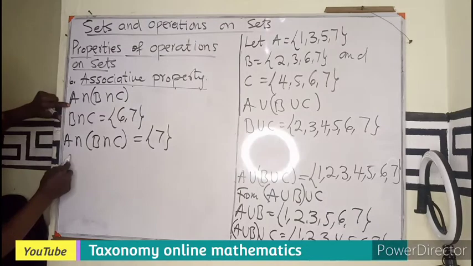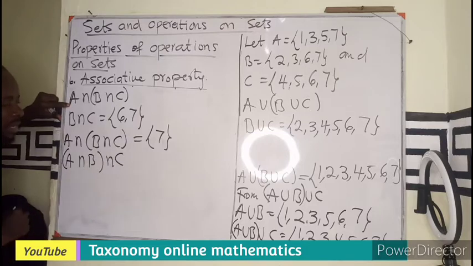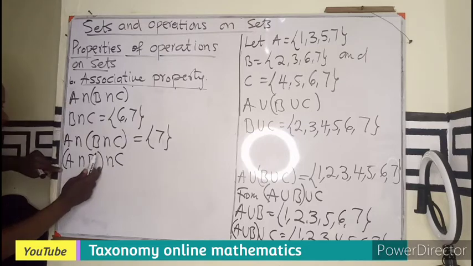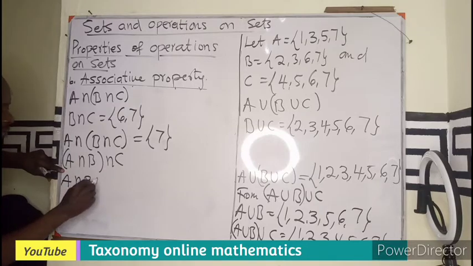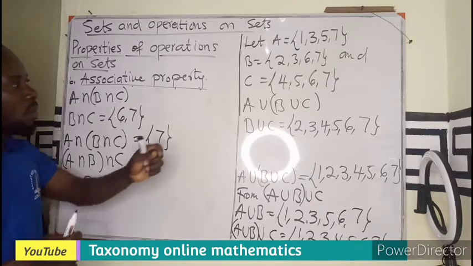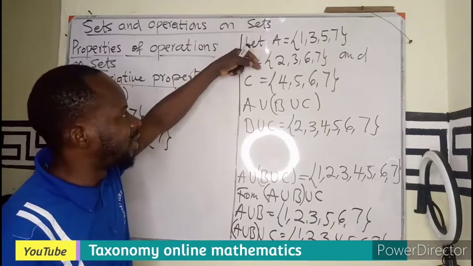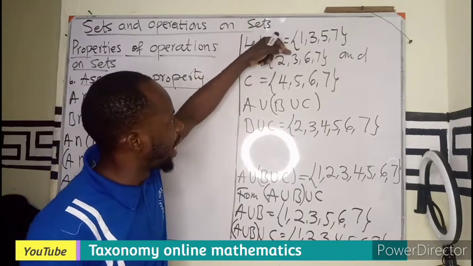Let's take it to the right hand side. A intersection B intersection C, whereby we will consider the one in the bracket, A intersection B. If I compare the set A and set B, what are the common elements?